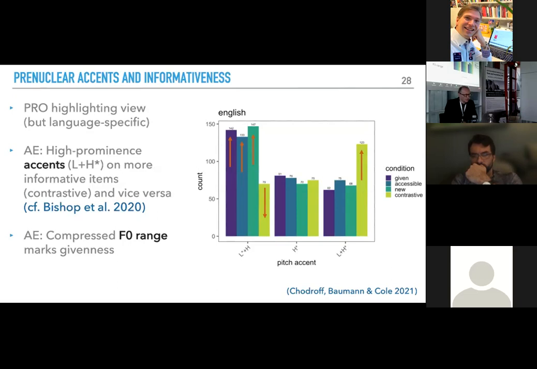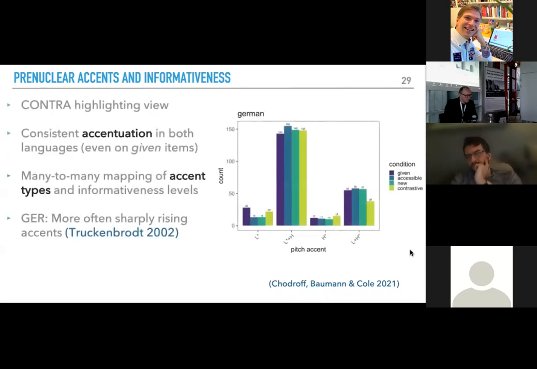And we found a compressed pitch range marking givenness in the English dataset. Counter evidence for the highlighting view is the general finding that we have consistent accentuation on the target words in both languages.